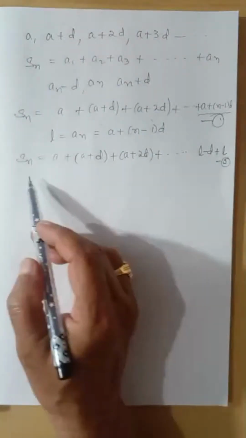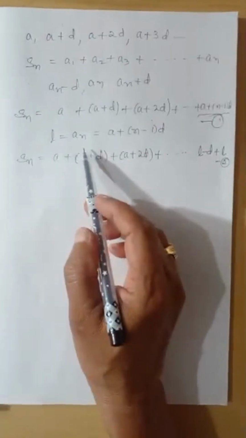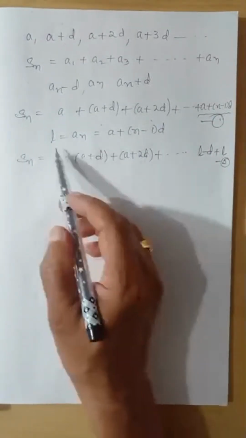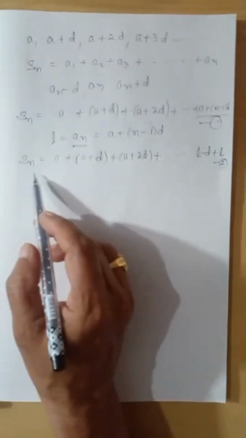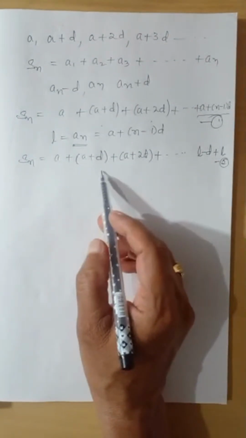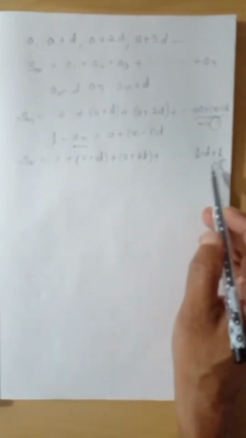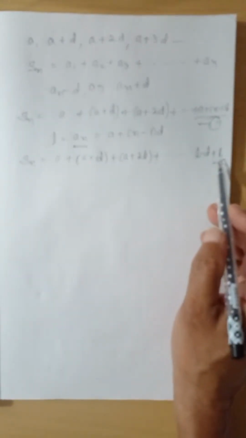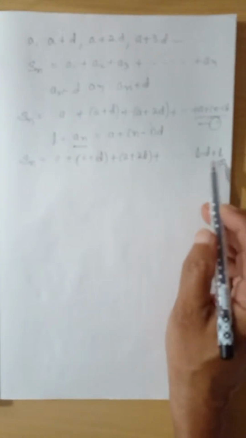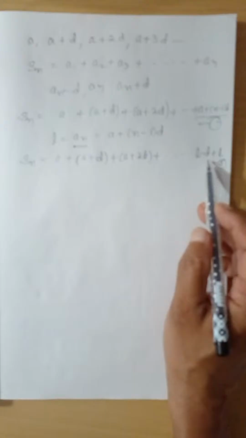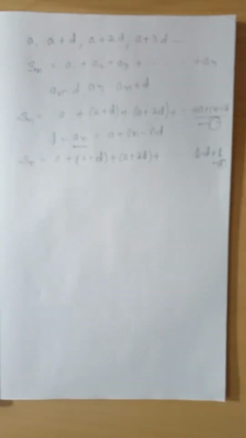In place of an, that is a plus n minus 1 d, I have taken l for the last term. Don't forget the nth term represents not only the nth term but also the last term. So Sn is a plus d, a plus 2d, plus dot dot dot, l minus d plus l, where l minus d is the previous term of l. I told you, if you need the previous term, subtract the common difference from the given term.